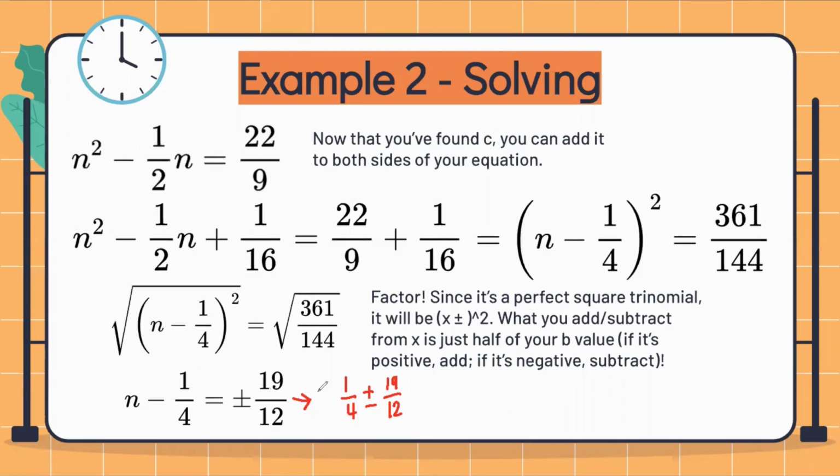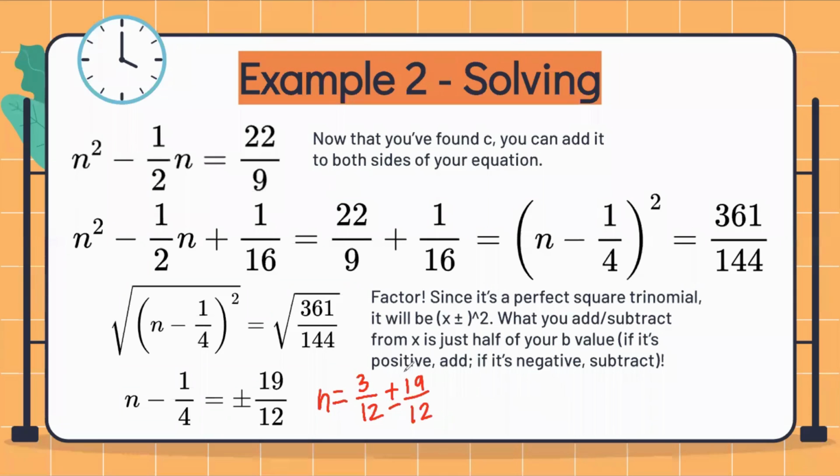We can actually have a common denominator of 12 by multiplying 1/4 by a factor of 3 over 3. So I would have 3 over 12, and if I were to add 19 over 12, I would get that n equals 22 over 12. 22 over 12 actually simplifies by a factor of 2 to 11 over 6.